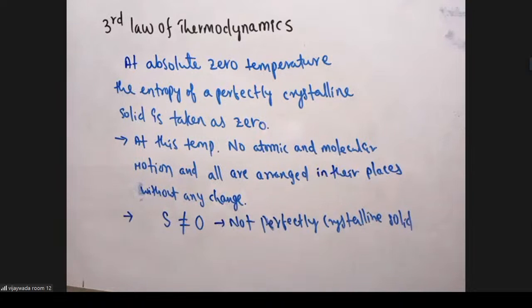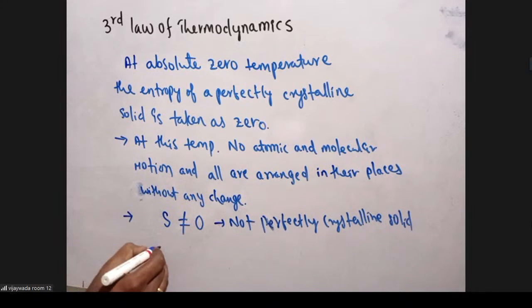It is very difficult to find the exact value of entropy of any system, because we can only find change in entropy, change in Gibbs free energy, change in internal energy. But in the case of entropy, we can find absolute entropy with the help of this.